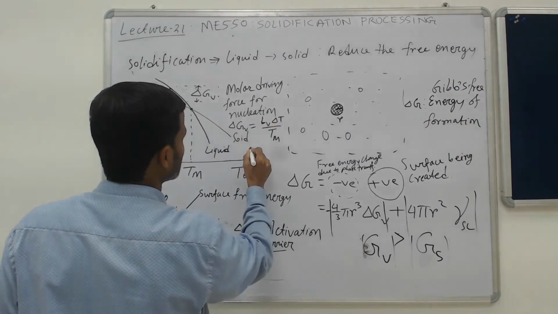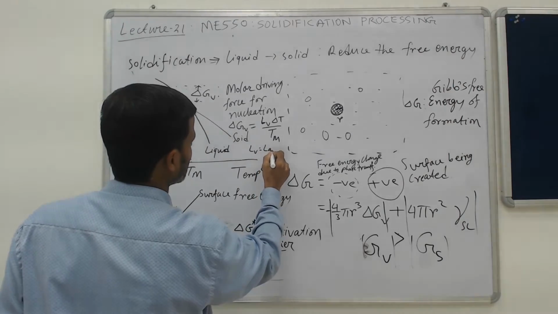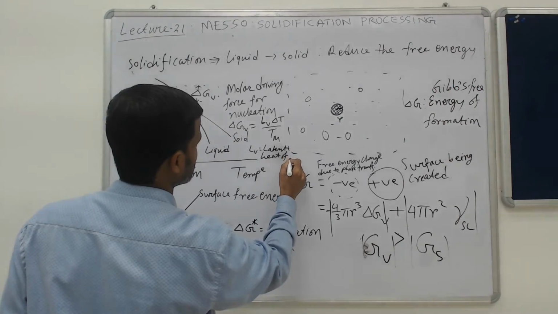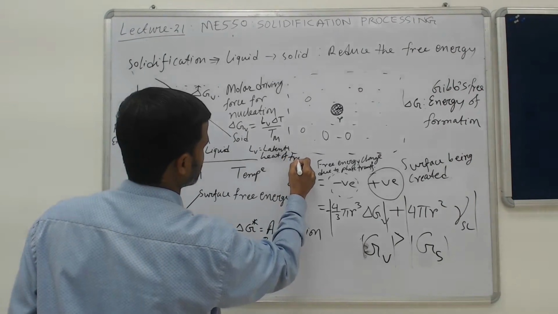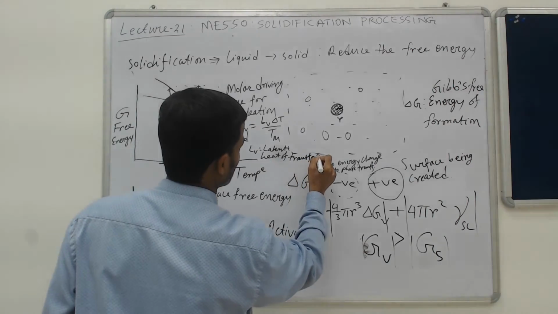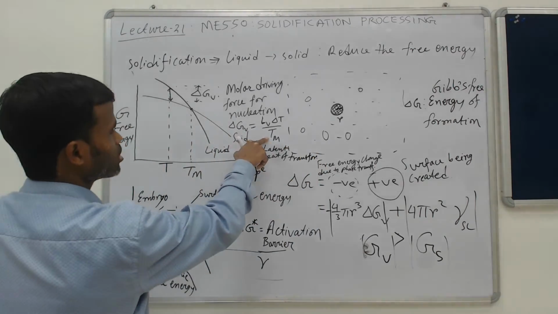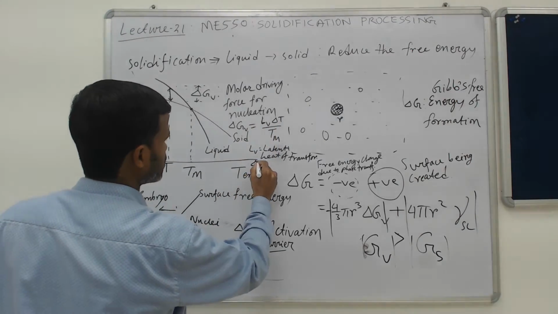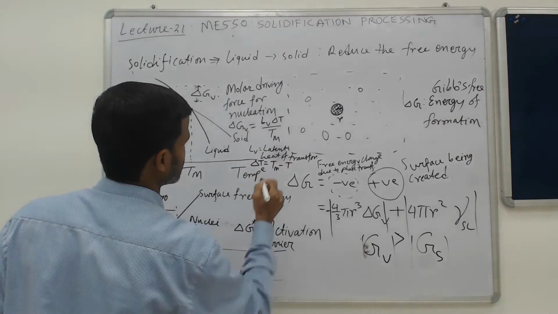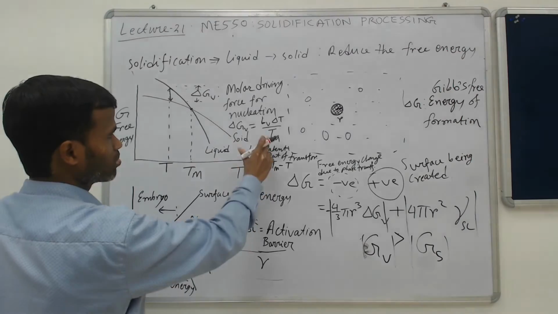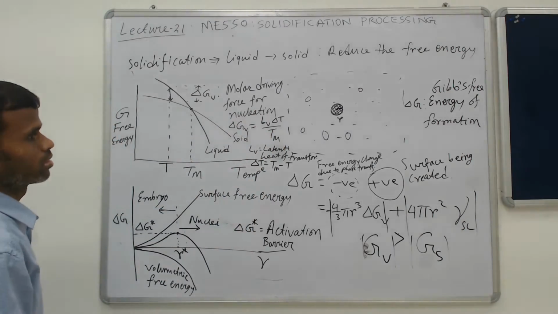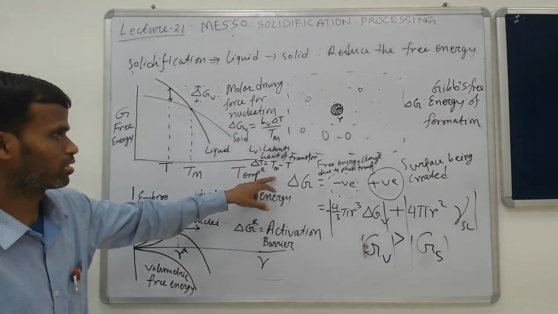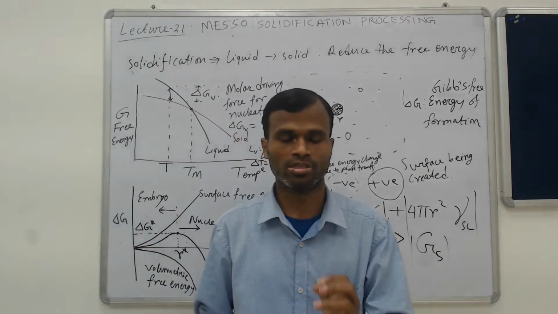So LV is the latent heat of transformation, Tm is the melting point, delta T is the undercooling. Delta T is nothing but Tm minus T. I am not considering the different symbols. Of course, you have to take care of the symbols. So it's very easy. When we say the force will be positive, if you take care of these things properly, then it is okay.